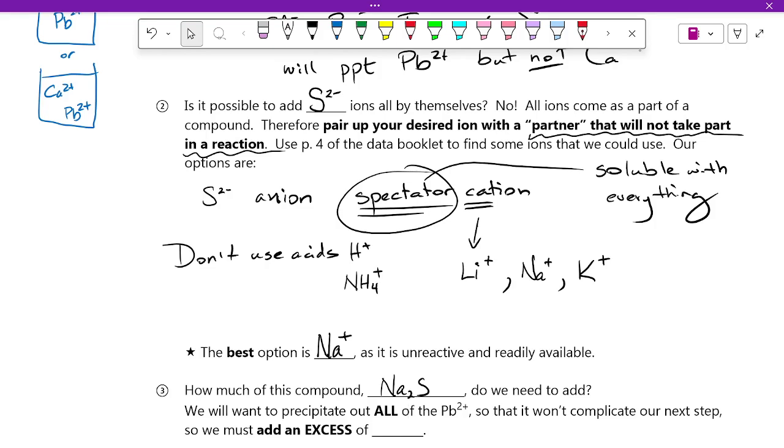Well, in our next step, we're going to try precipitating out the calcium. But everything we add that will precipitate calcium will also precipitate with lead. So if we don't get rid of all the lead, we will get a false positive for calcium. We could get a solid.